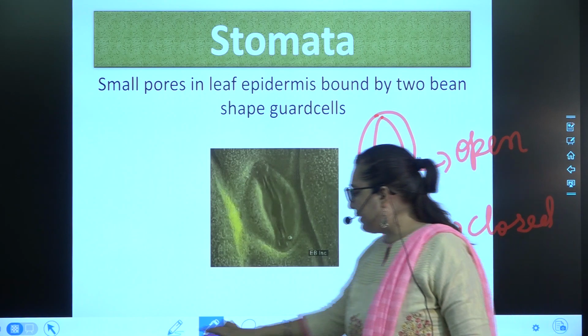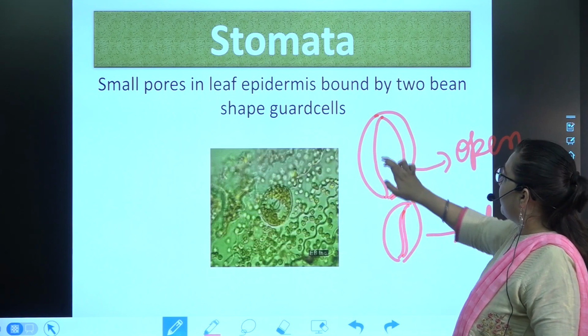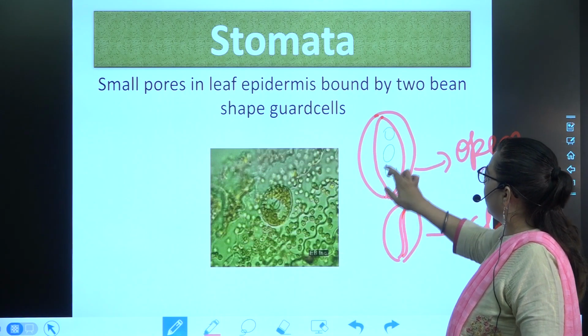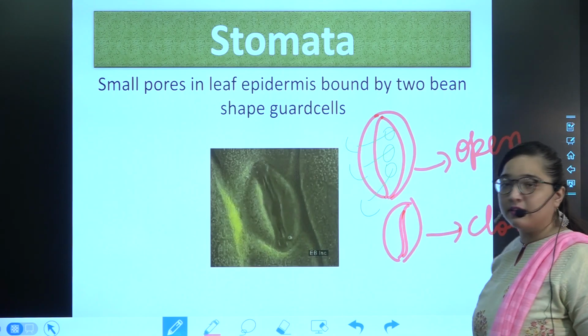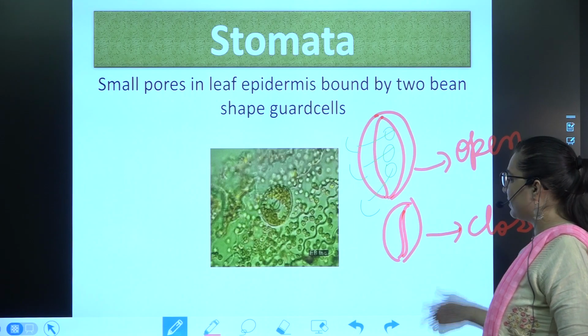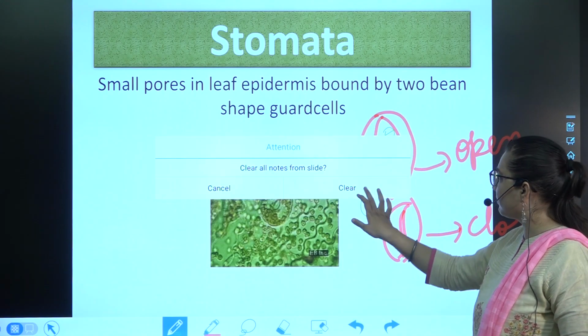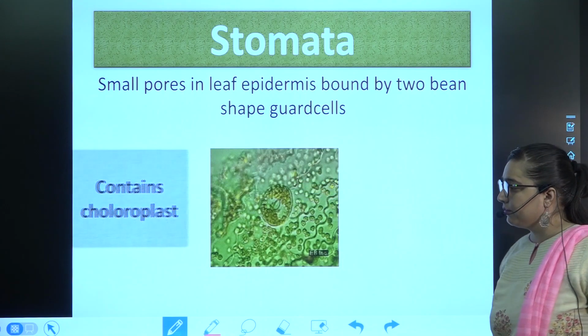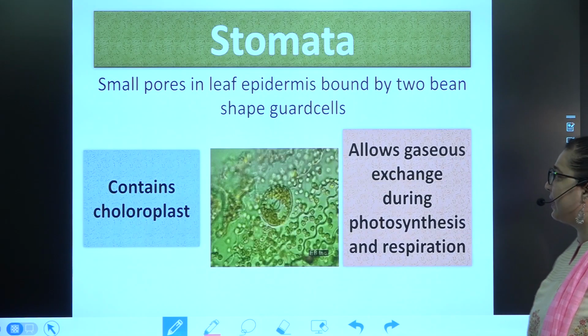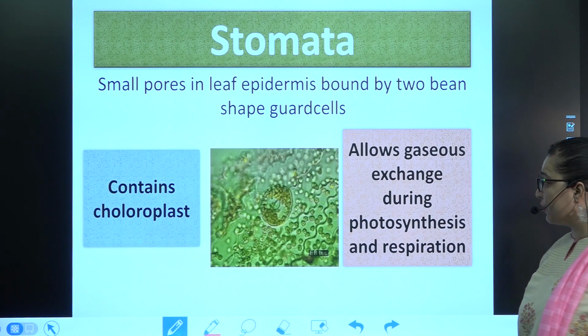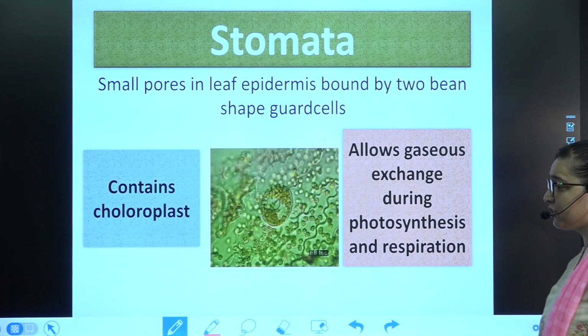When it is open, at that time there is gaseous exchange. Okay, so this is open stomata, this is closed stomata. We have already discussed that they contain chloroplast and allow gaseous exchange during photosynthesis and respiration.